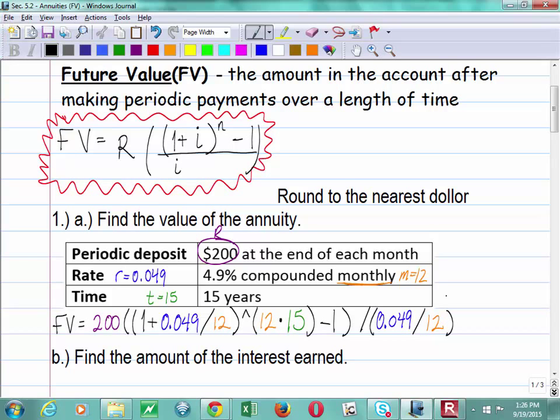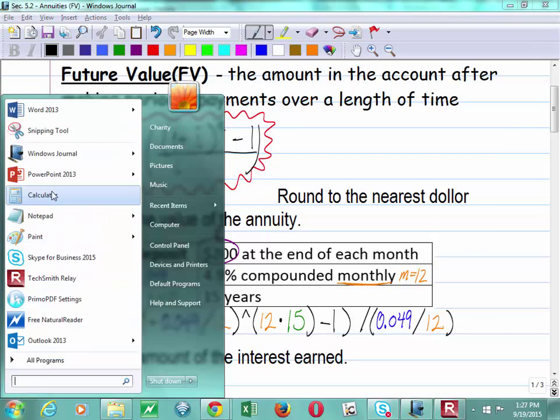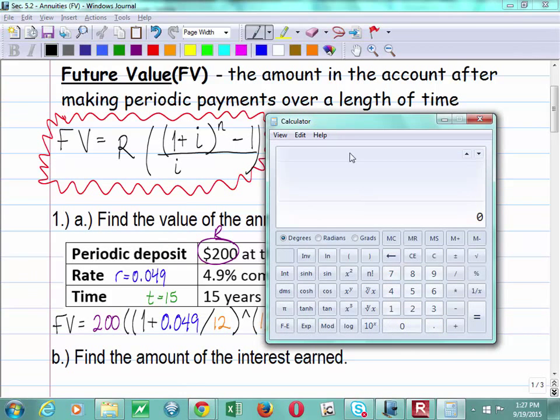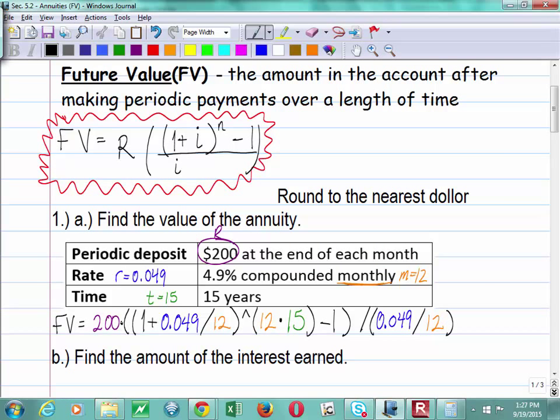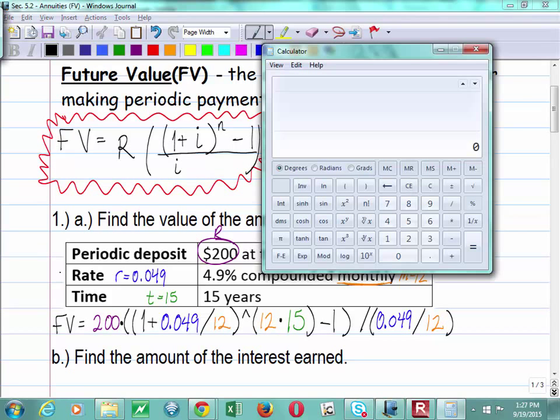So that should be it. Now we just need to plug that into the calculator. Alright, so if we're using the calculator on the computer, we have to make sure that we put an actual multiplication symbol right here between 200 and that parentheses, because this calculator, unlike most of them, doesn't understand that the parentheses would indicate multiplication.